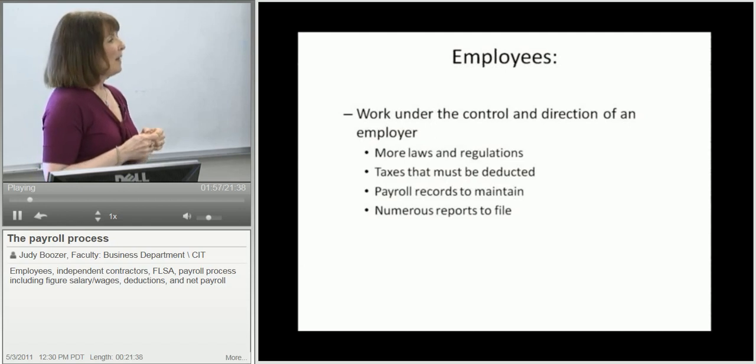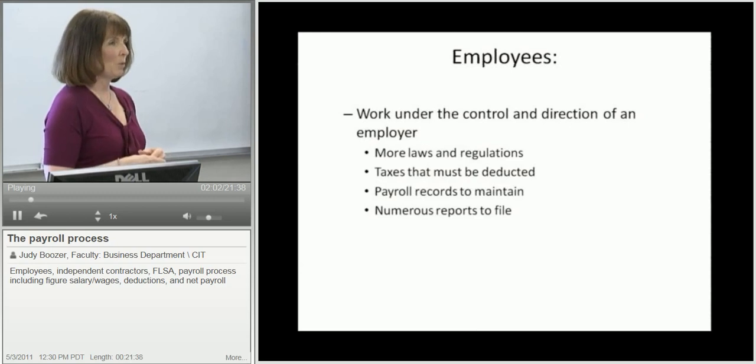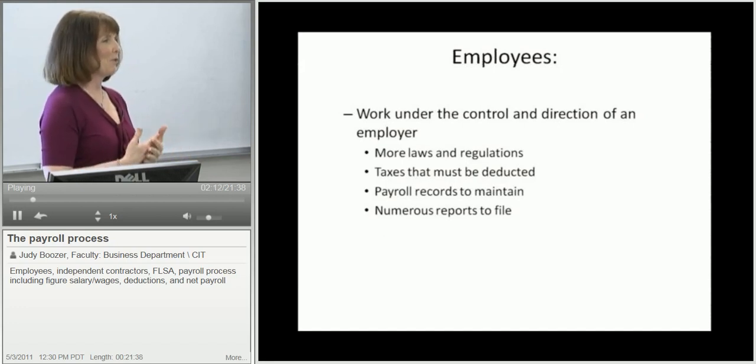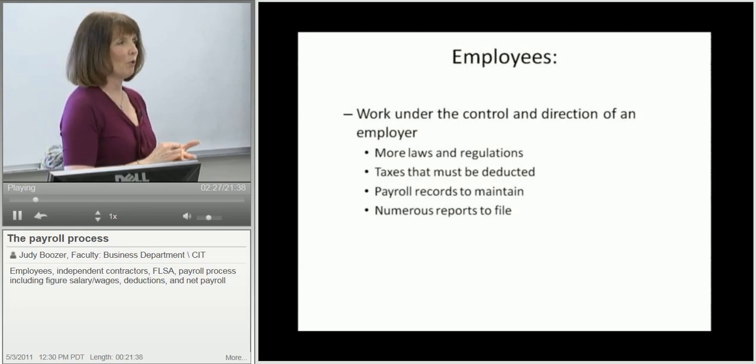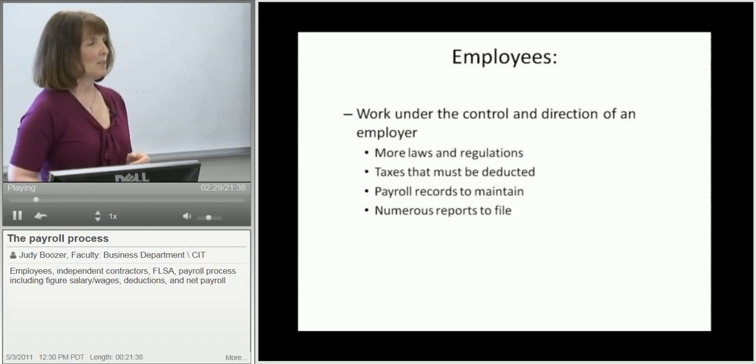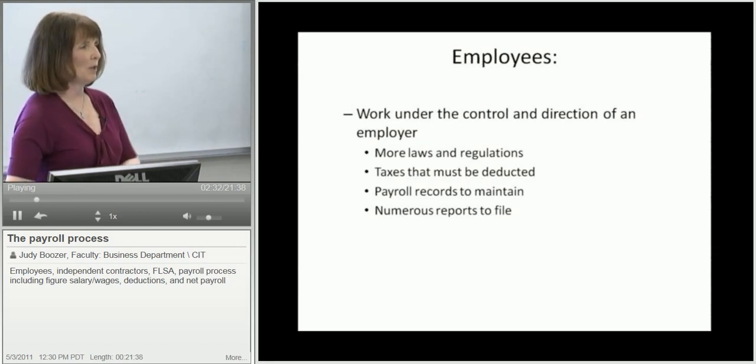Those are included in the chapter, but they're covered in more depth in our payroll class. So you'll just know how to figure payroll, how to complete registers, and how to journalize, but you won't have to do the federal forms. Is that clear? So every time you see that and think, oh, I have to do that, you do not. It's also included on our next mini practice set, but we have deleted that part of it. So if you work ahead, you do not have to do that form.